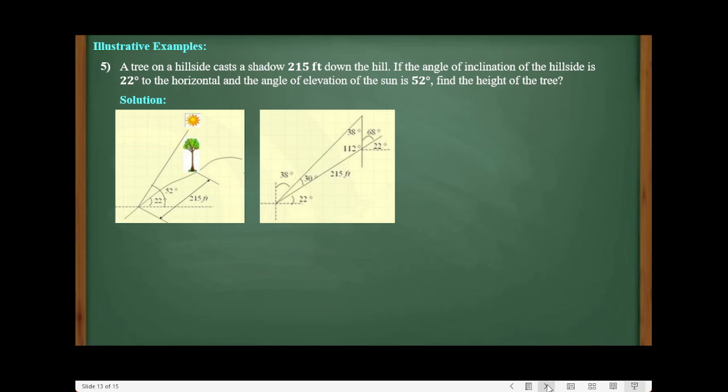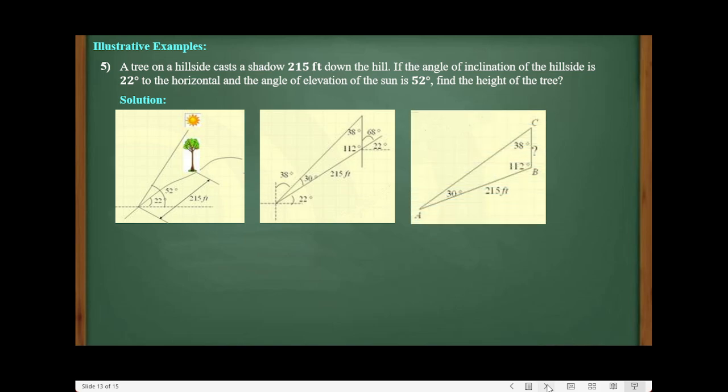Okay? Now, again, we finally redraw the figure for the third time so that we can only have an obtuse triangle. So we name this triangle as triangle ABC. Now, this one right here is the shadow of the tree, and the vertical side happens to be the height of the tree, which is the one we're looking for, which denotes segment BC.